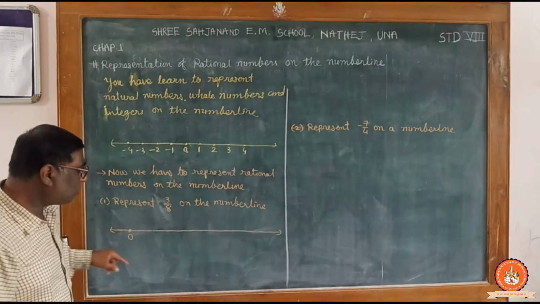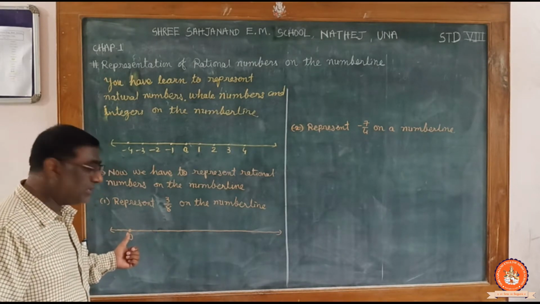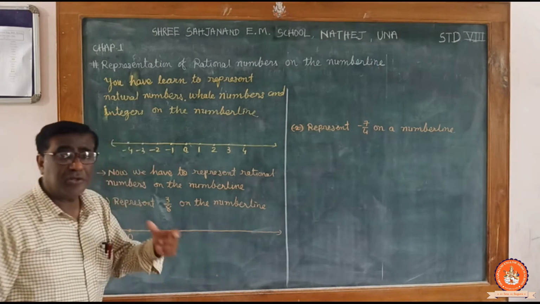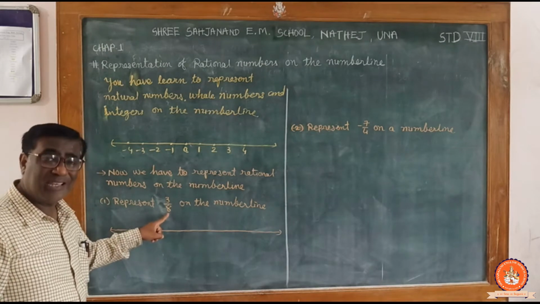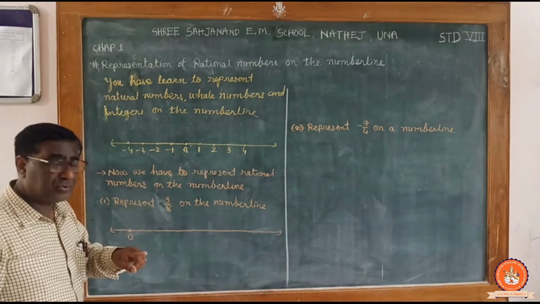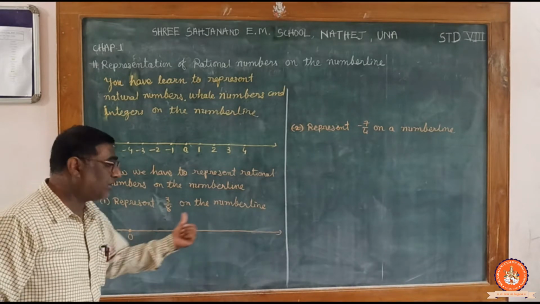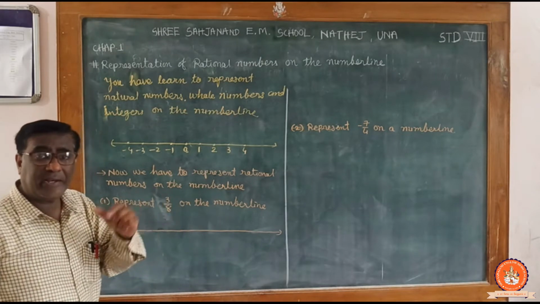Now you have to divide the first unit, the distance between 0 and 1, into 8 equal parts. Denominator being 8, you have to divide the first unit, between 0 and 1, into 8 equal parts.